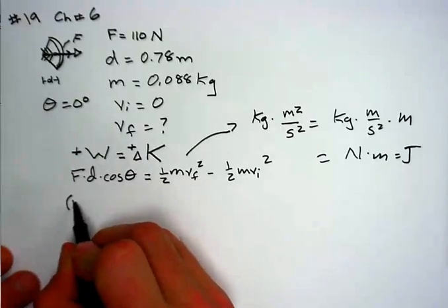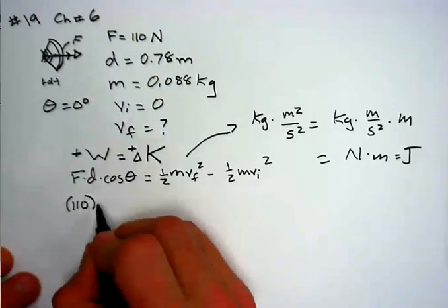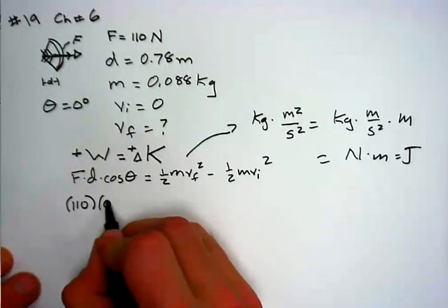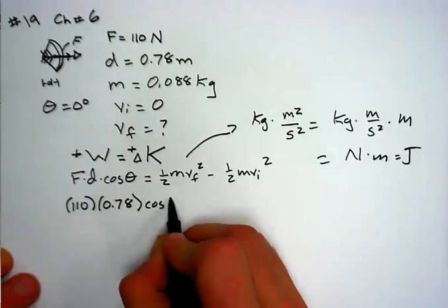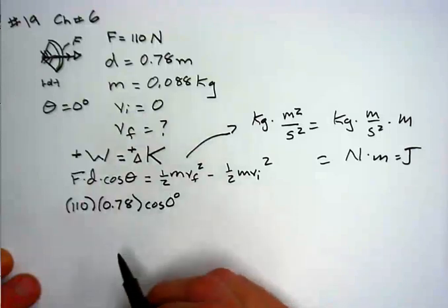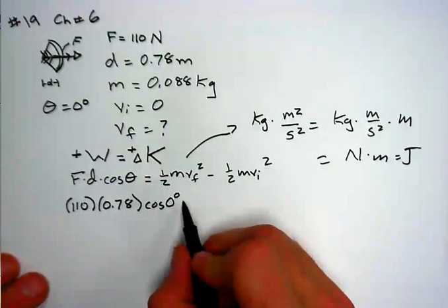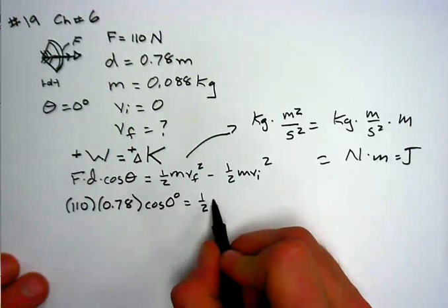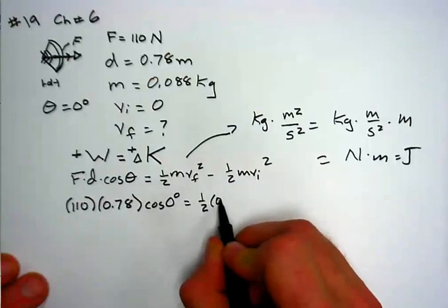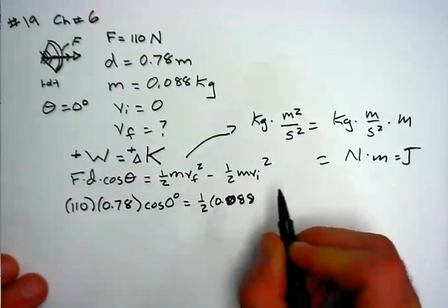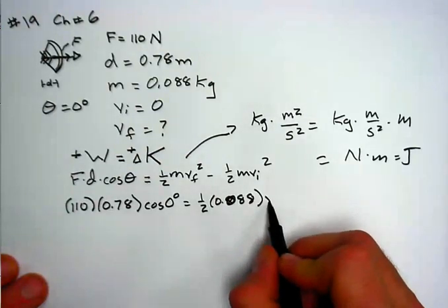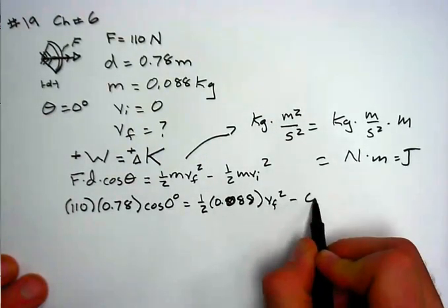So to calculate the work done on the arrow, I would just start plugging in some numbers here. Cosine 0 degrees is just 1, times 1/2 the mass, 0.088, times v sub f squared minus 0.